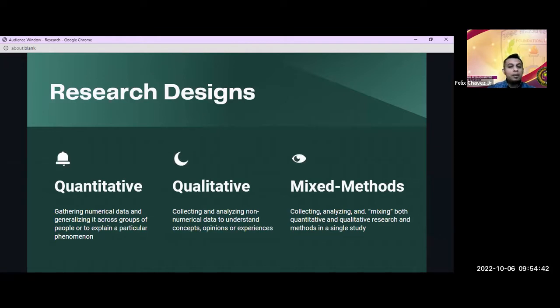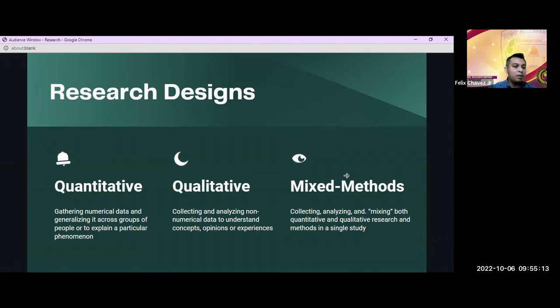And we also have the mixed methods research design. This is the collection, analysis, and mixing of both quantitative and qualitative research data. Although mixed methods is not new, it has been conducted even before, with the fast pace of research, a lot of research has already been conducted.